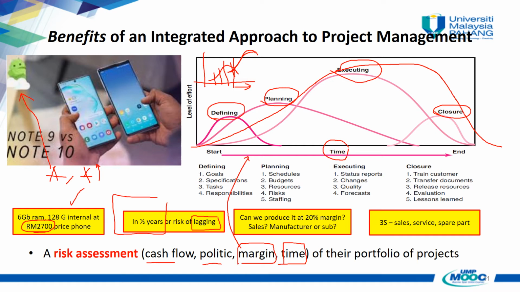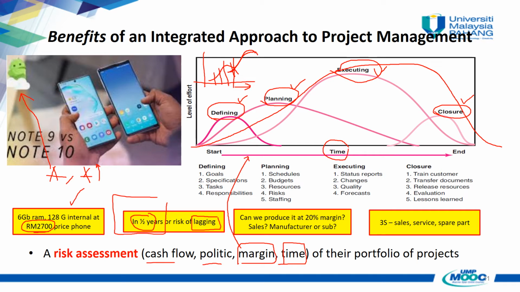So Note 10 must be produced, executing all the defining phase, planning phase, executing phase, and also the closure phase in half a year only.